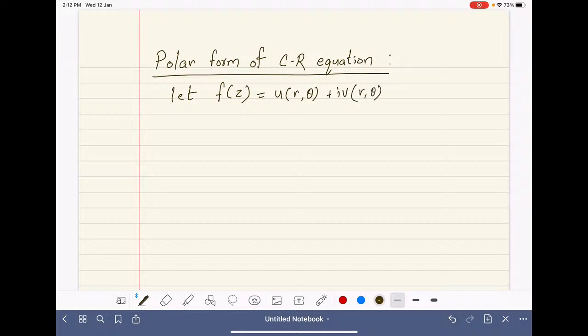u and v are functions of r and theta, where z equal to r e power i theta, or z equal to r comma theta. So this is the polar plane.